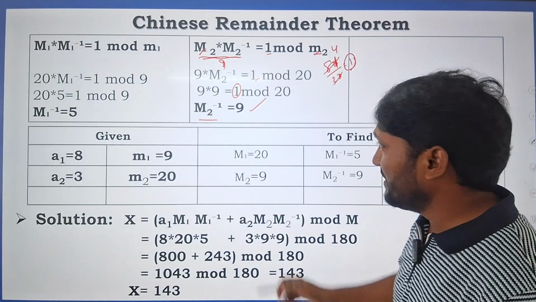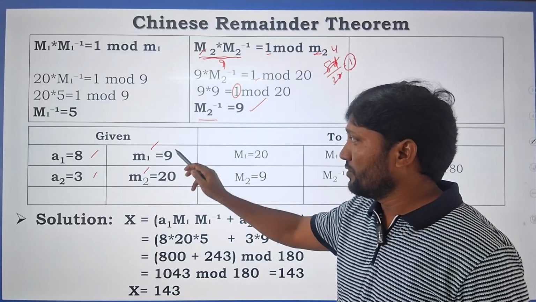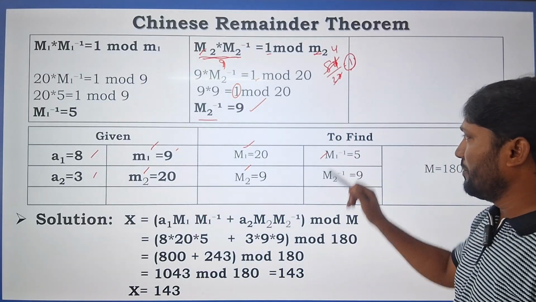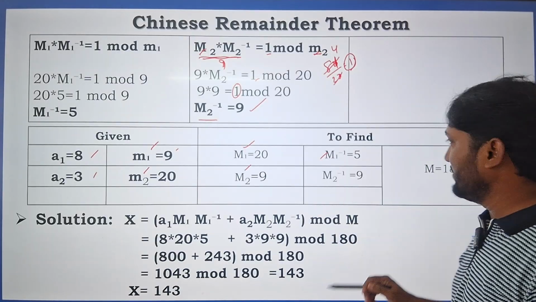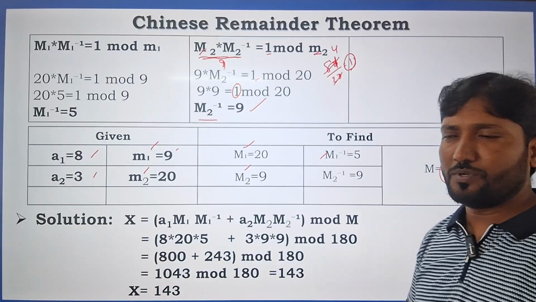Now we know the a1, a2, small m1, small m2 values, capital M1, capital M2 values, M1 inverse, M2 inverse and capital M value. Now we need to substitute the values here.